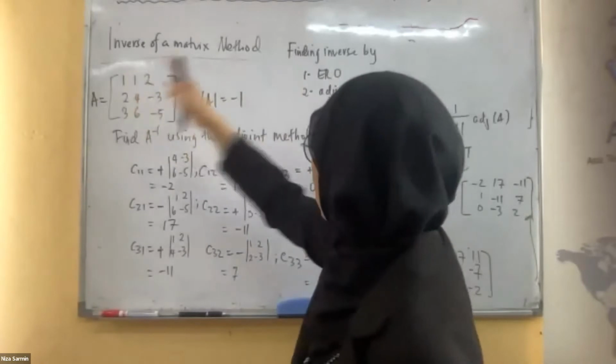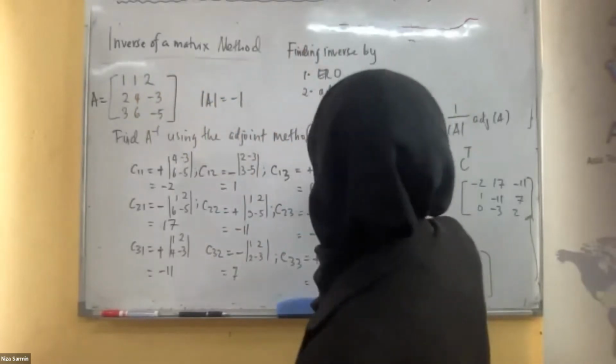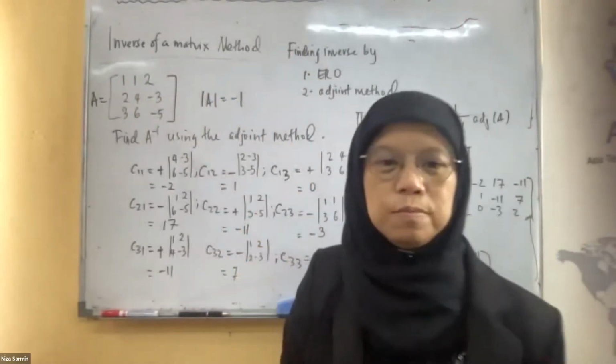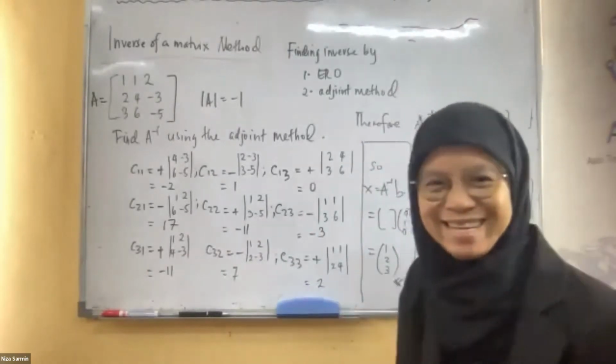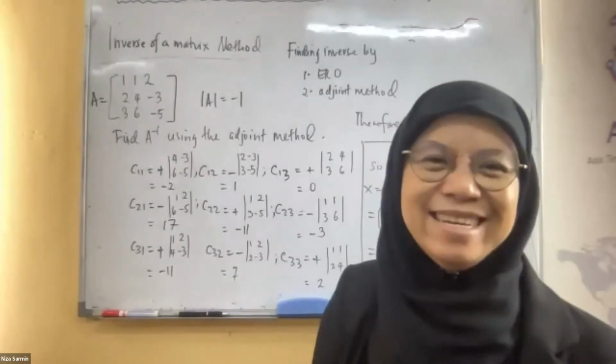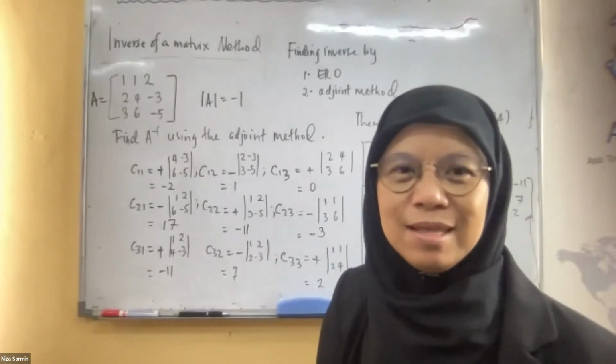ERO is the one before, the adjoint method is this one. 1 or 2, 1 or 2, don't write too long.